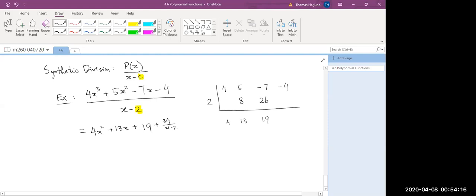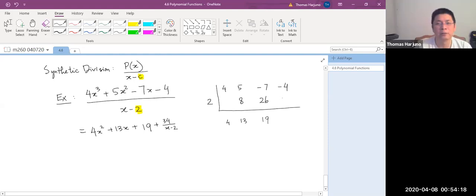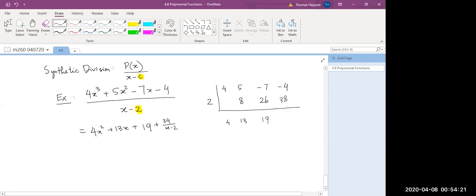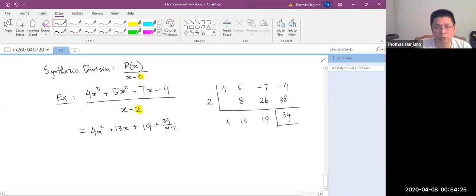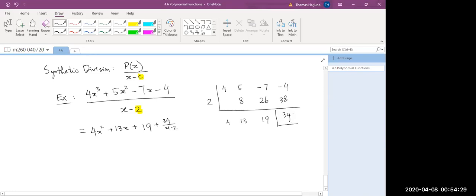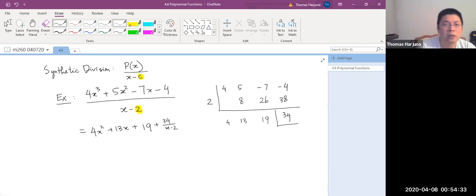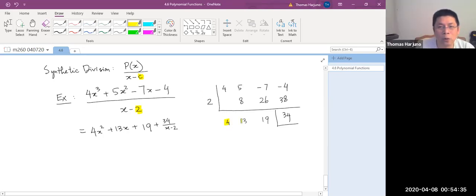And then do the same procedure again. 38. 34. But the last column, the corner, you box it out. Now, this 4, 13, 19 in that order give us the coefficients. And then the constant inside the box will be the remainder.